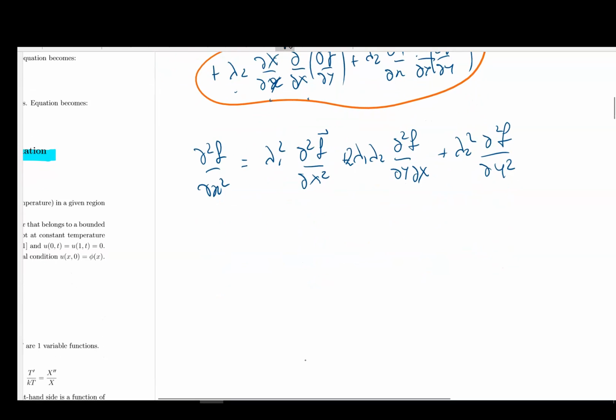Very similarly, you're going to get d2f over dy square. Maybe you can take some time later on to check that you are able to redo exactly this calculation.